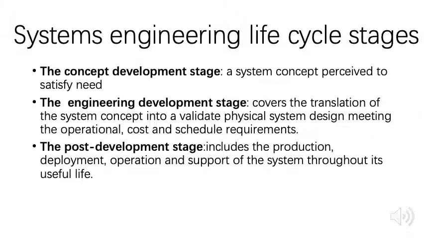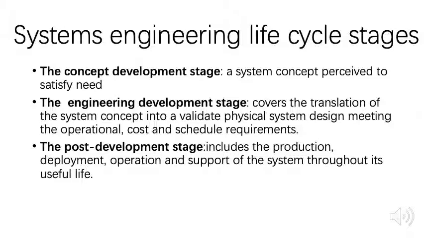This part I will, from the perspective of system engineering, use the system engineering life cycle stages to introduce the electrical power system. We must know that there are three stages.